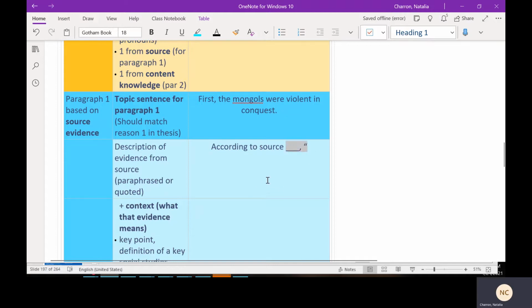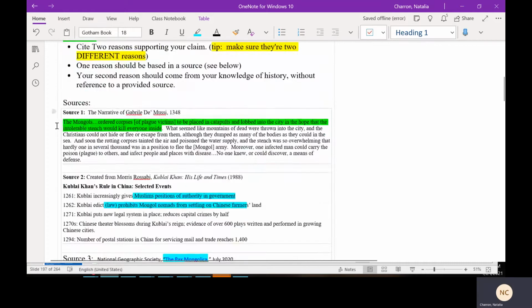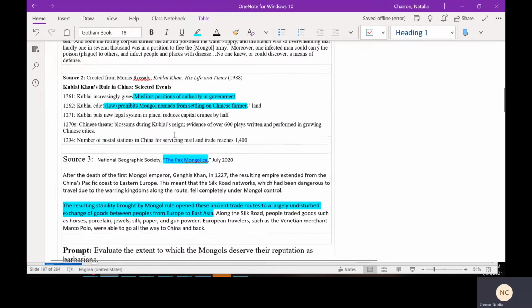So according to source 1, here I can either quote or paraphrase, right? I can either pull the exact text that this author used, or I can summarize what it means in my own words. And that's actually way better because it's a lot faster.